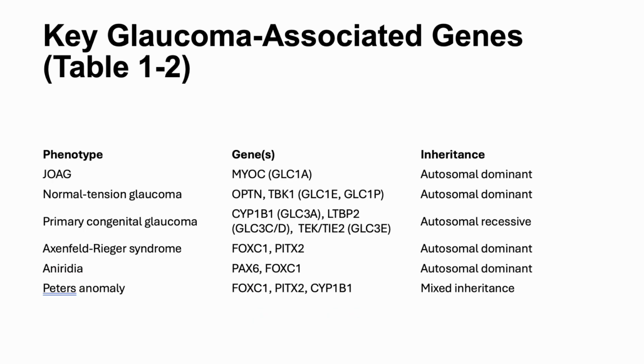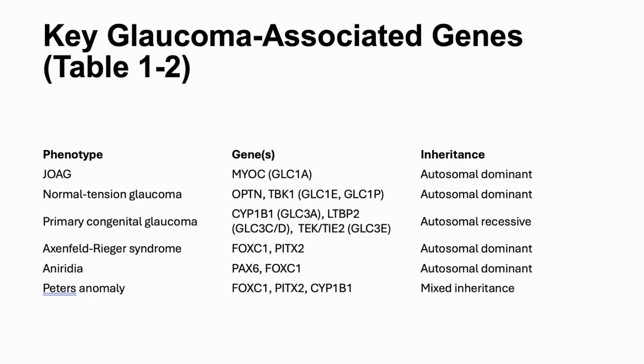This slide summarizes glaucoma-associated genes and their inheritance patterns. MYOC is linked to juvenile open-angle glaucoma with autosomal dominant inheritance. OPTN, TBK1, and related genes are associated with normal tension glaucoma, also autosomal dominant.